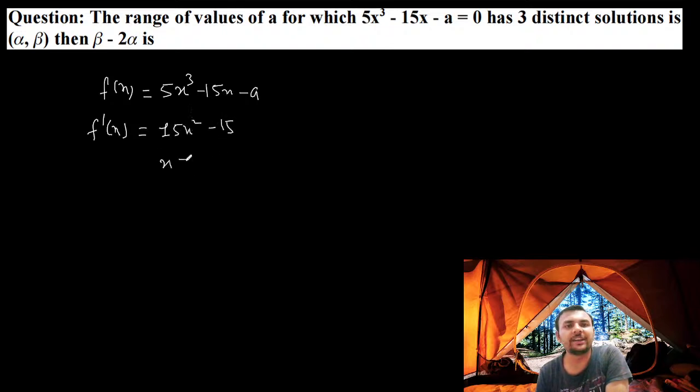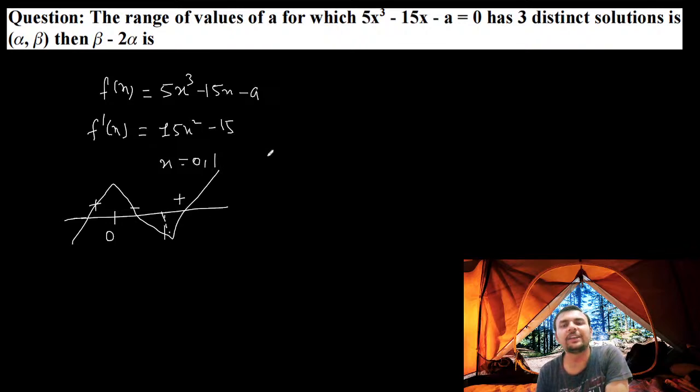So we are getting x equal to 0, 1. Plus minus plus, so from minus infinity, increasing, decreasing, increasing. At 1 it has distinct root. That means at 1 it is negative.